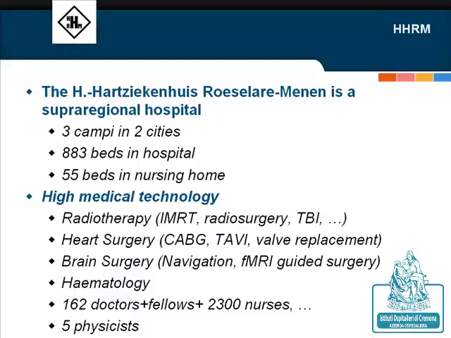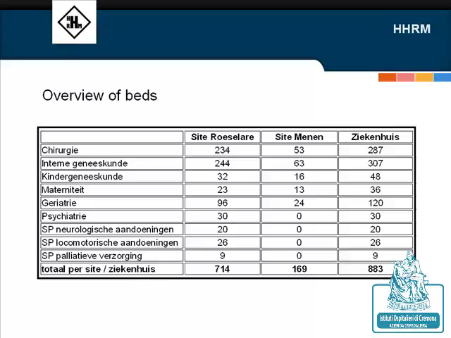We have something like 915 beds. We do radiotherapy, we do heart surgery, the big things we do. And we also have 5 physicists in our hospital. This is the overview of the beds for people who are interested.